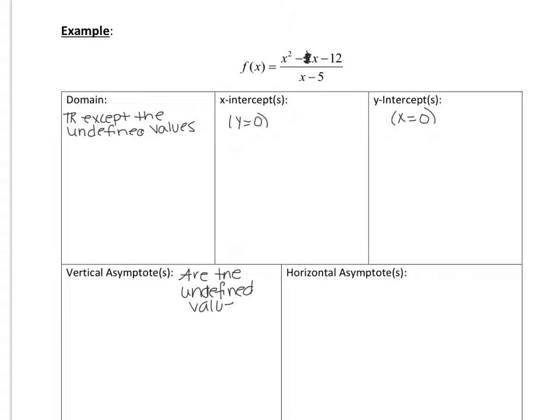And the horizontal asymptote, we look by comparing the degrees of the numerators and denominators. Okay, so it's good to write down a few steps. All right, see if you can do the rest. See if you can find the domain, the x-intercept, y-intercept, vertical asymptote, and horizontal, and then hit resume for the answers.